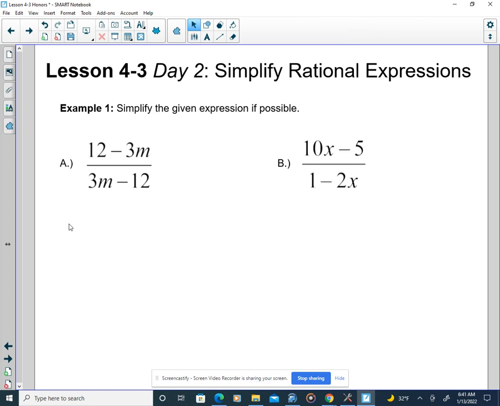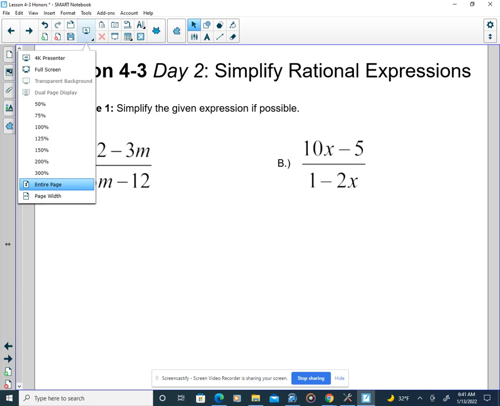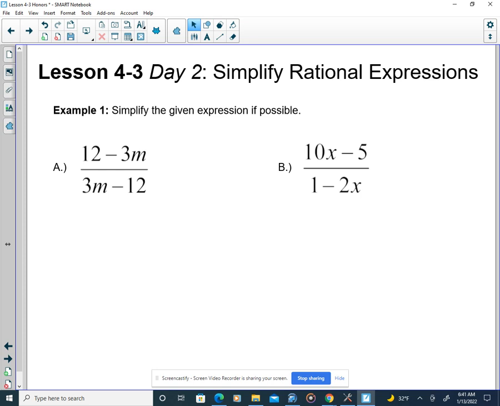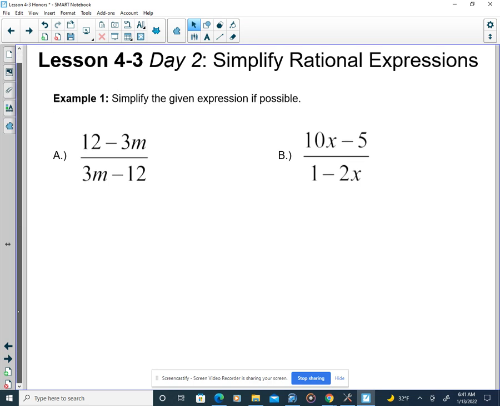Alright, so let's look at this example B here. If I look at example B, we have 10x minus 5 over 1 minus 2x.